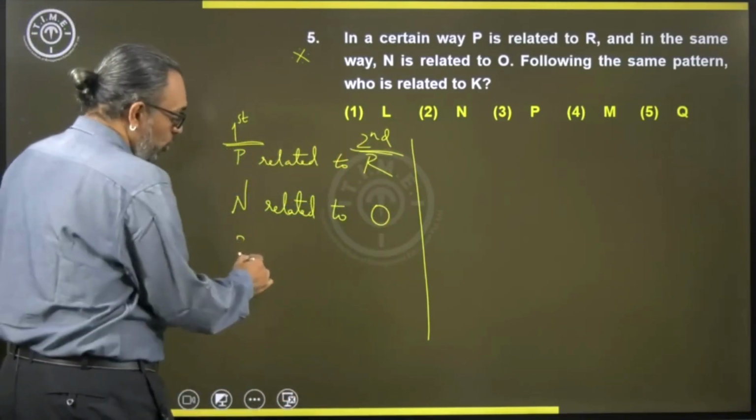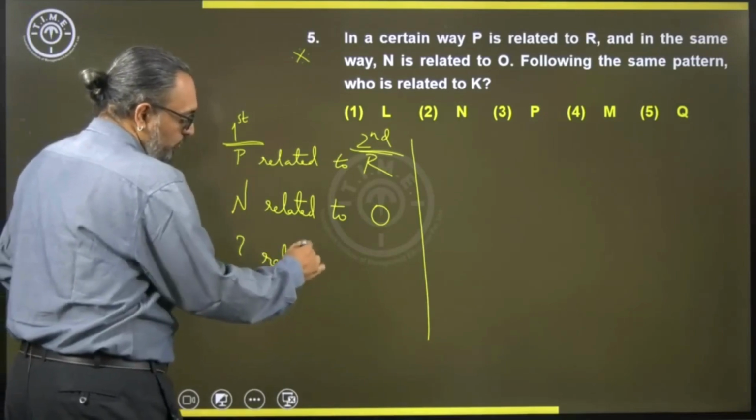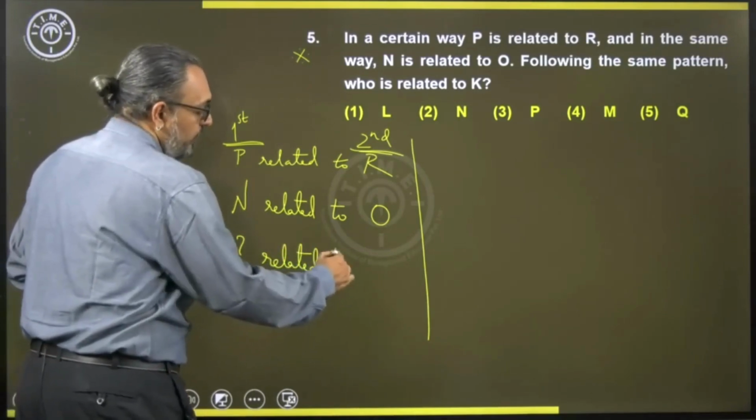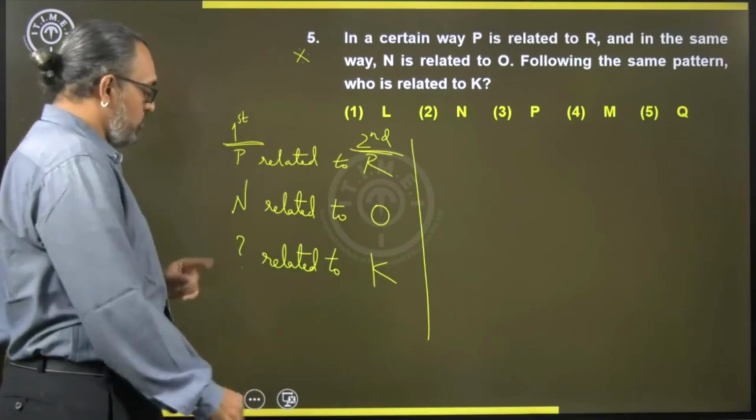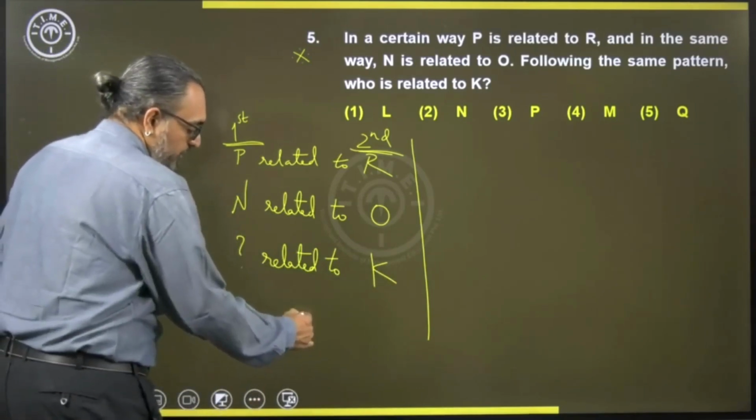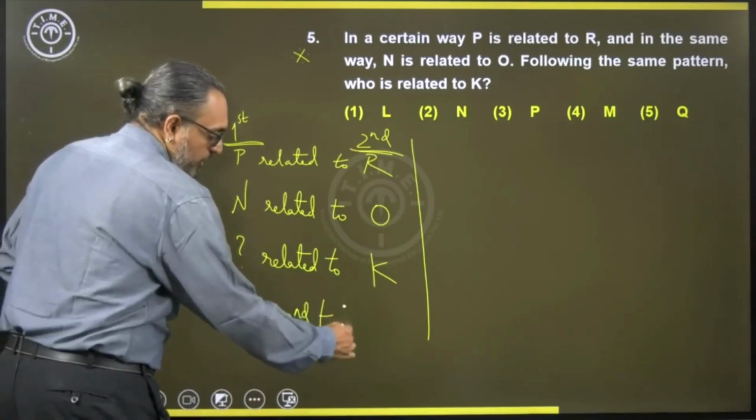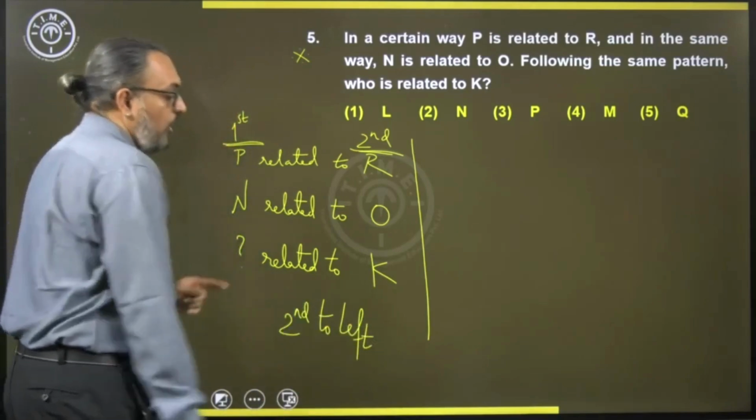And the question is, who is related to K? So the relation that I have got here is first person is second to the left of second person.